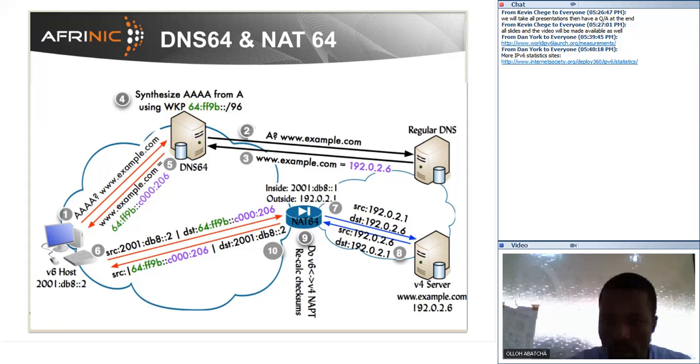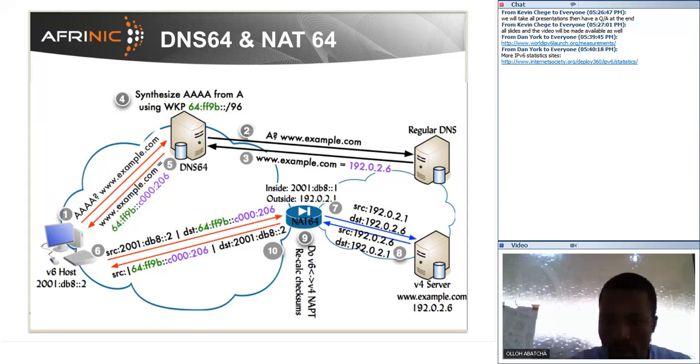And what the DNS64 does is it synthesizes a quad A address using a well-known prefix, which you can see here is 64:FF9B::/96. The reason why it's a /96 is because IPv6 is 128 bits.